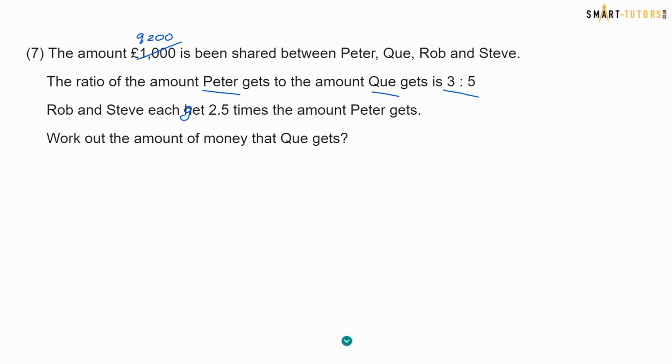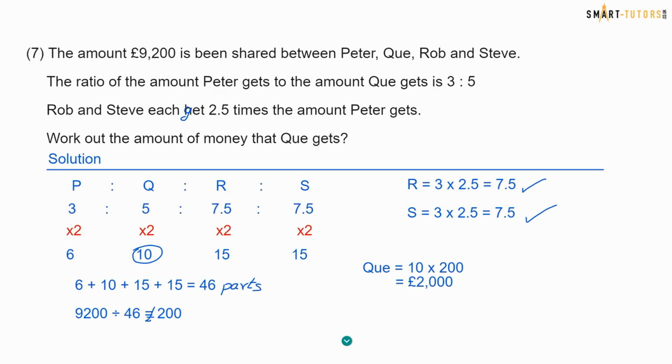And if you use the 1000 pounds, you may end up with some decimal answer. But as long as you understand the method, that's correct. So 9,200 divided by 46 parts, every part is 200. Q gets 10 parts, so 10 times 200 is 2000 pounds Q gets. That is the answer for question number 7.